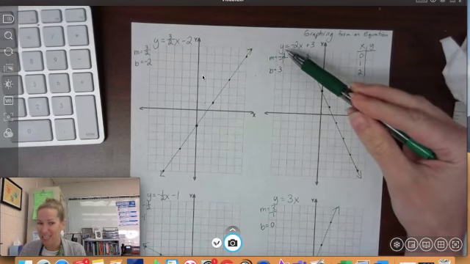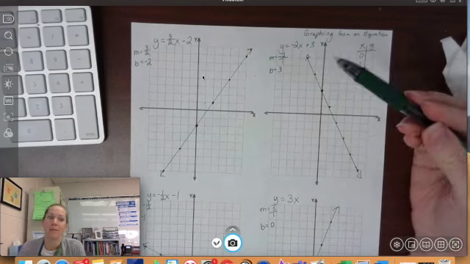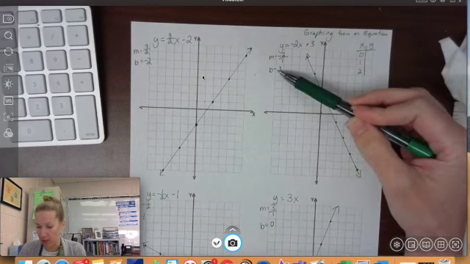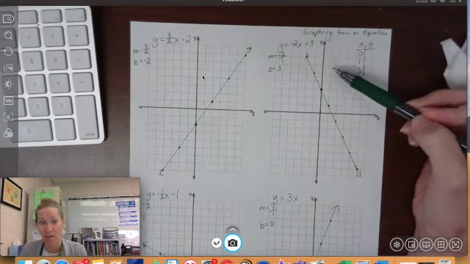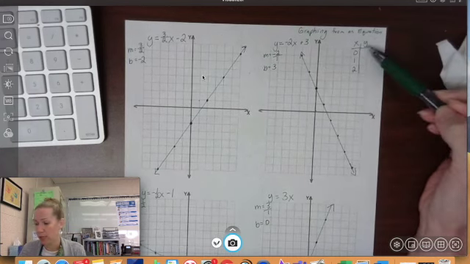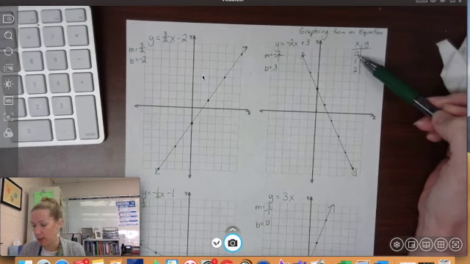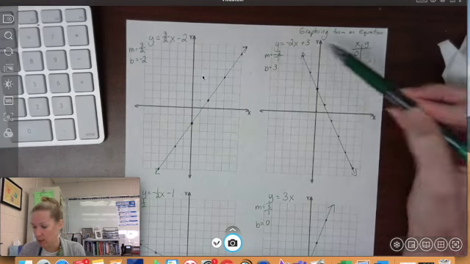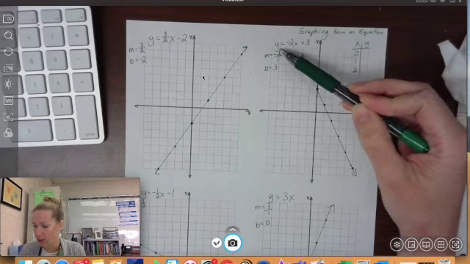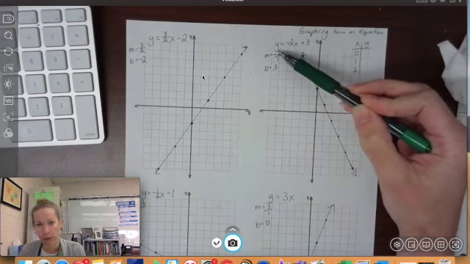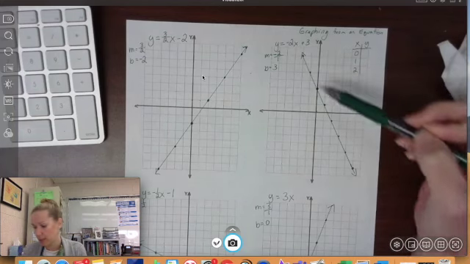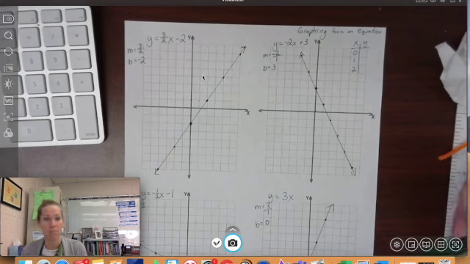However, if it's in slope-intercept form, there's a much quicker way to do it. You know the intercept and you know the slope, so you can just graph it from there. But either way of doing it, whether you plug 0 in for x and then figure out what y is, then plug 1 in for x and figure out what y is, or 2 in for x, plot those points, and then connect them, both will get you the same exact answer.